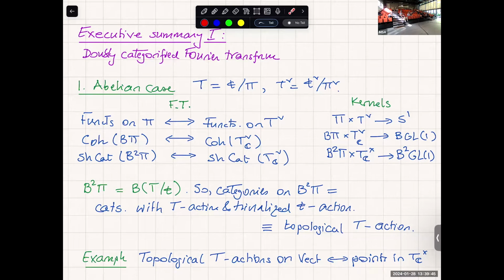And the connection with topological actions: B²π can also be realized as B, not of T, but of T modded out with the Lie algebra. Mod out here the Lie algebra, get a Bπ, take a B again, you get B²π. So categories on B²π are a model for categories with a T action that trivialize the action of the Lie algebra. And that's the definition of a topological T action.